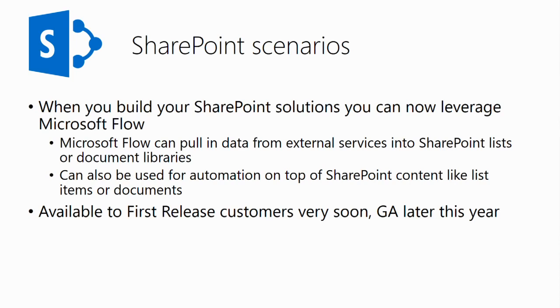And it's really a two-way street. In addition to being able to take action whenever something happens in a SharePoint list, I can get more information and put it into the SharePoint list as well. So if I want, whenever an item is updated in Dynamics CRM, to pull in that information into the SharePoint list, you can actually do that as well. So it's a really powerful capability.